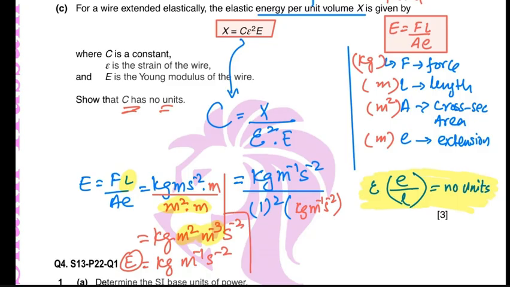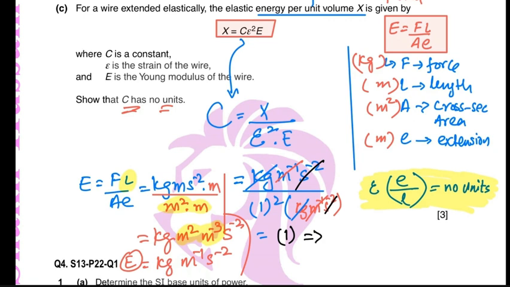Simplifying it further, kg will go with kg, this m minus 1 will go with m minus 1, this s minus 2 will go with s minus 2. So you are left with 1.